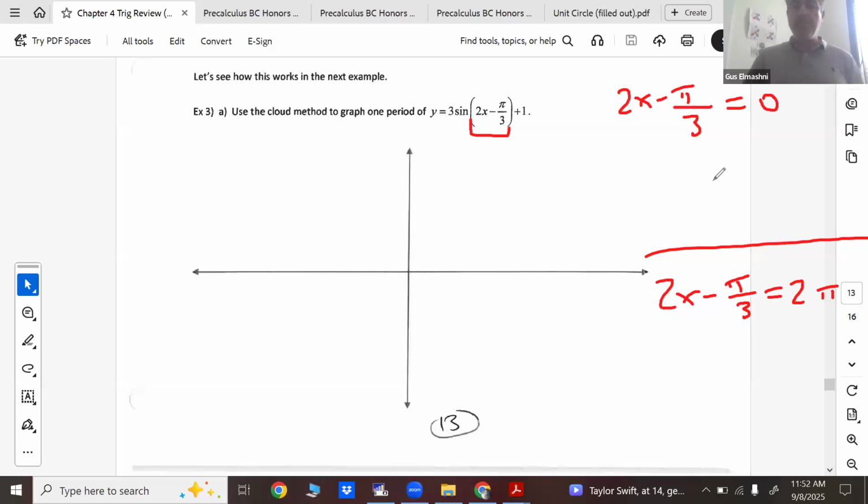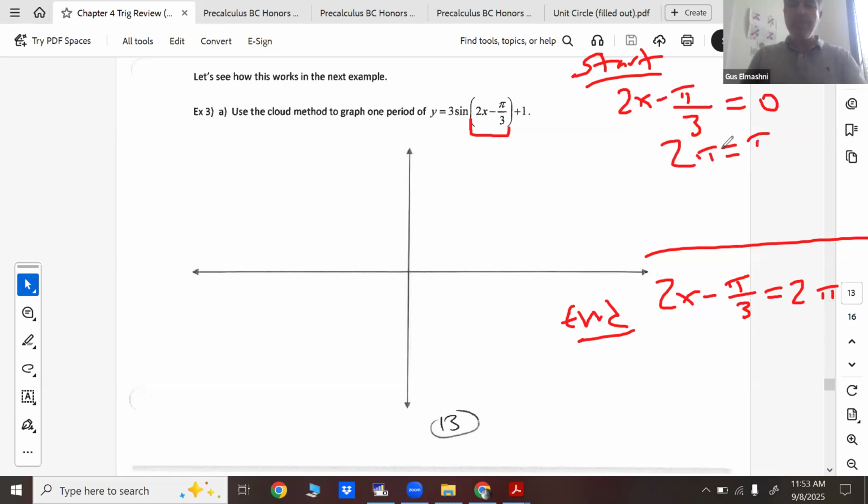So this is start. Because doesn't the parent function start at 0 for sine, right? X equals 0. And it ends at 2 pi, right? But I'm trying to find my new starting and ending points. So 2x equals pi over 3. X equals pi over 6. So that's where I'm going to start it.